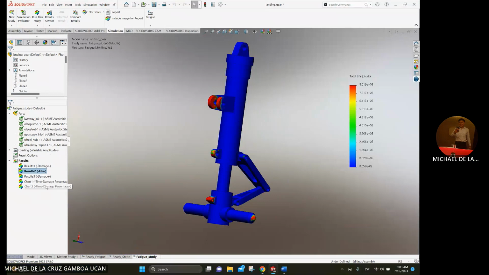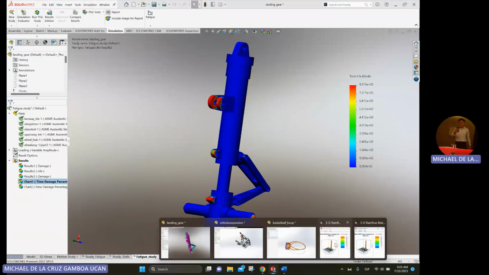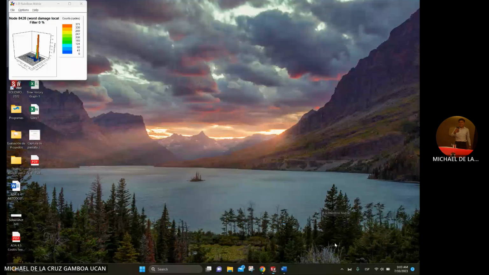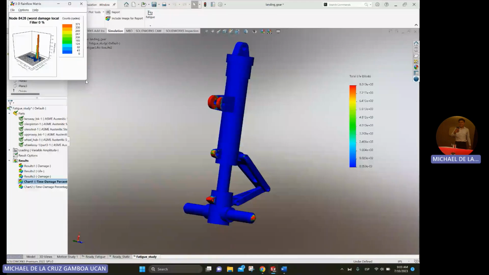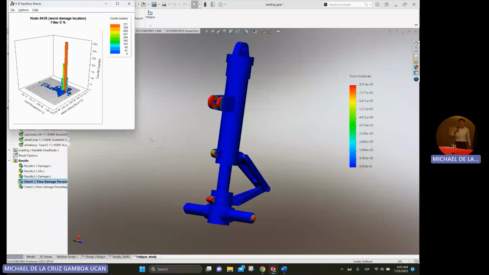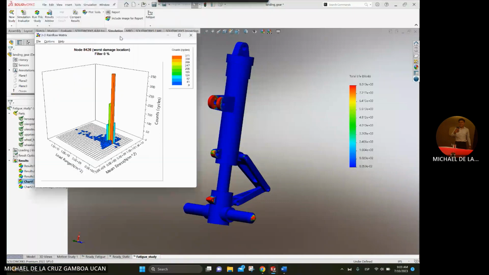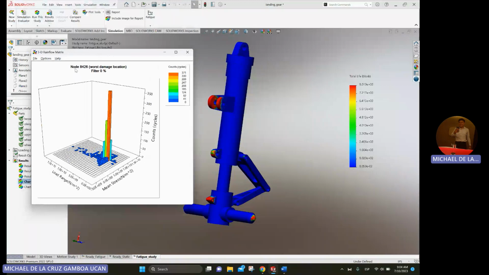Okay, and in this part we can see time damage percentage. When we click on it, here, we can see a graph more specifically, and we can see in the note presented the worst damage location.